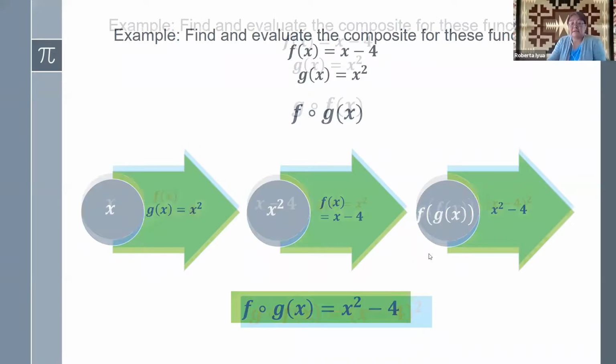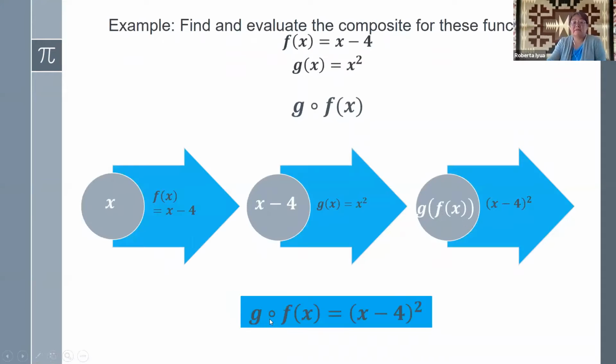My second example is g of f of x. When we compose the two together, we get x minus 4 squared.